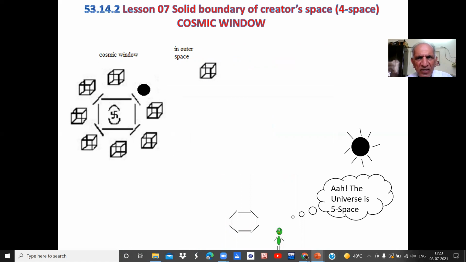When a solid boundary component takes off, strips off, removes, disappears from its seat at the boundary of hypercube 4, it creates a cosmic window. Each of the 8 solid boundary components as such creates respective 8 cosmic windows.